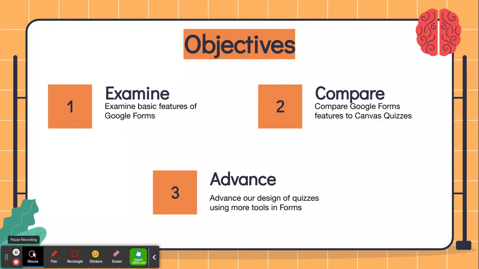Second, we're going to compare how Canvas quizzes and Google Forms differ, just some of the pros and cons or do's and don'ts, really briefly. And then I'm going to give you a tool, and that's the third part of today's objective, to give some of the advanced users different tools and forms that you can maybe use to spark minds, even possibly spark your own mind.